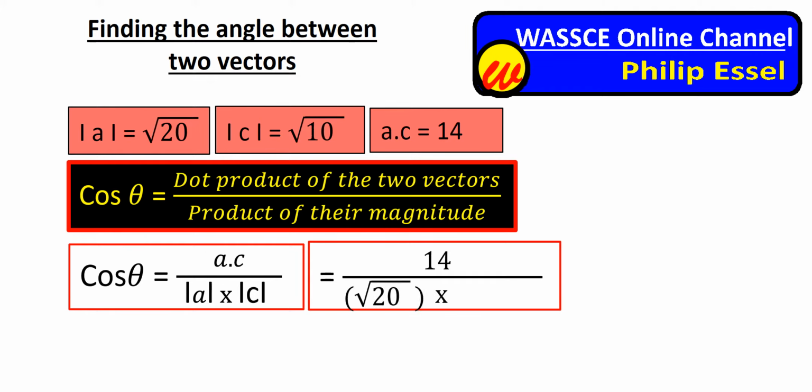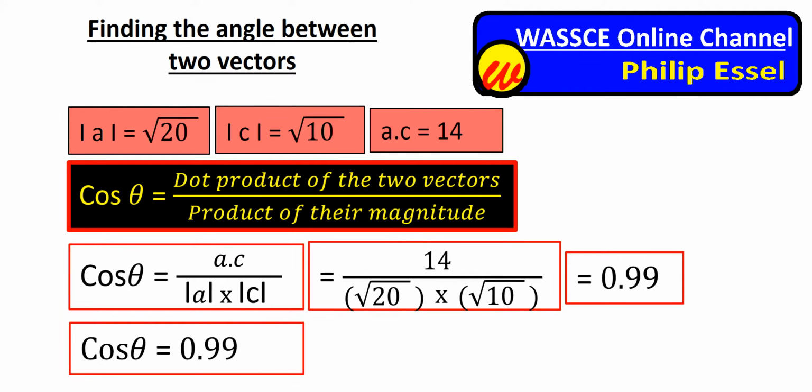Then we have our multiplication sign, followed by the magnitude of the vector c, which is the square root of 10. And when you put this on your calculator, you'd get 0.99. And please remember, I have only rounded this to 2 decimal places. This means that our cos theta will be equal to 0.99.